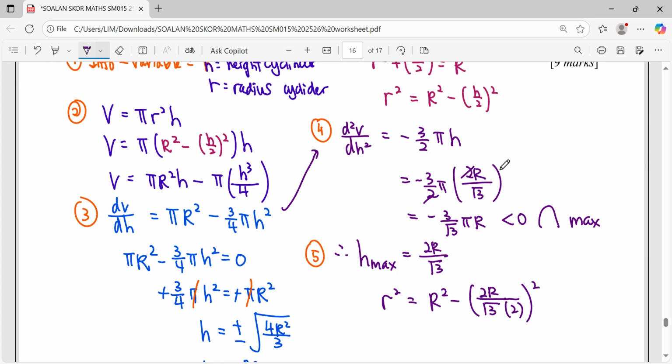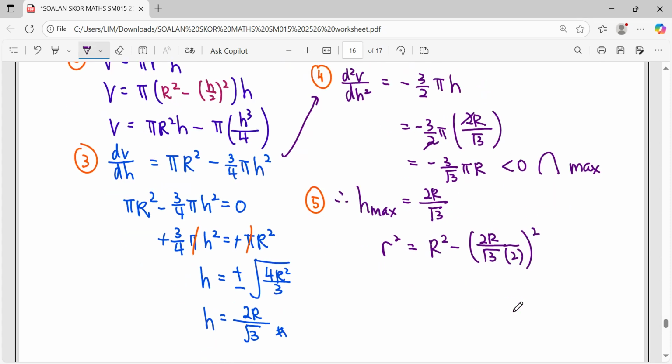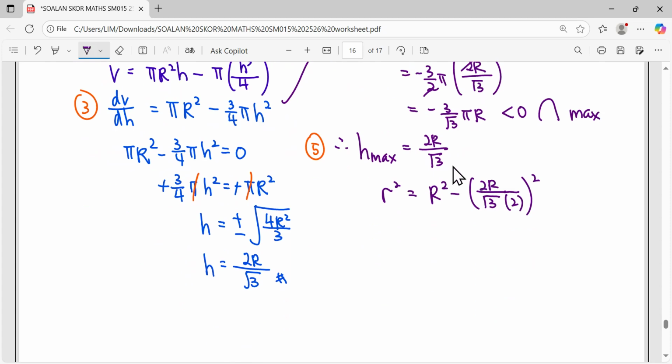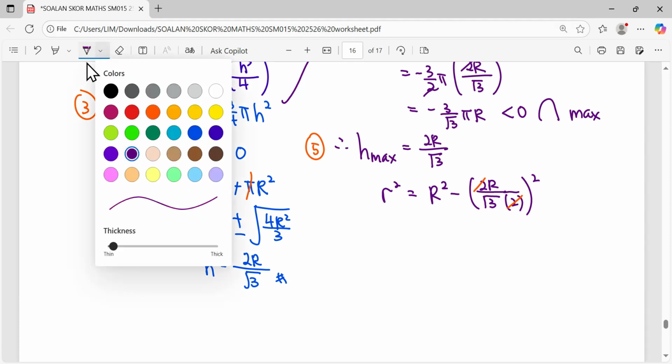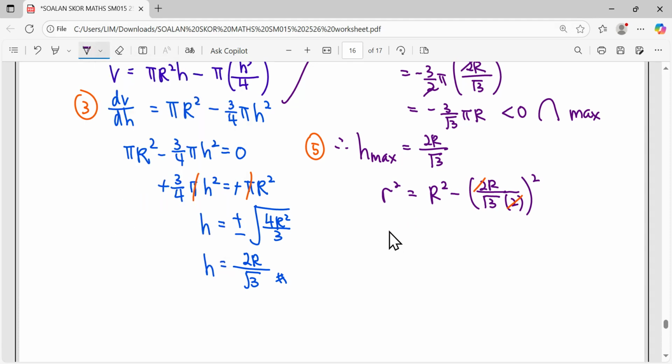Alright, I put H in, then divide by 2, I put a new denominator. The 2 can be simplified. r square equals R square minus here R square over 6.